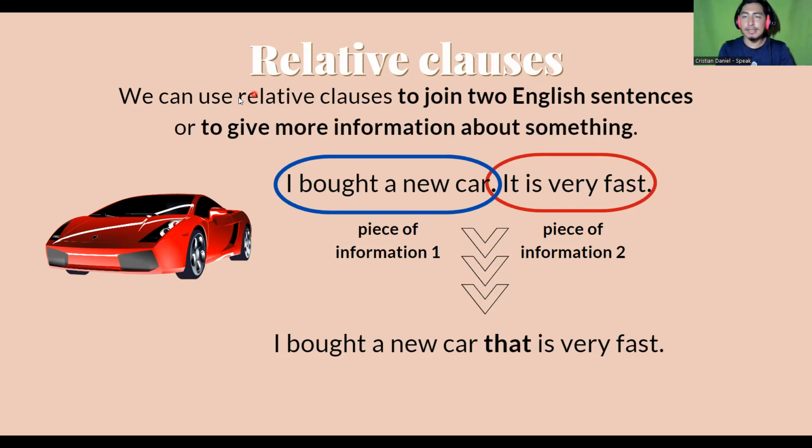But when we use relative clauses, we can join two sentences, or we can give more information in one single sentence. For example, remember the two sentences. I bought a new car. It is very fast. Two ideas, two sentences, in one single sentence: I bought a new car that is very fast. As you can see, the relative pronoun or relative word that we use in this example is that.